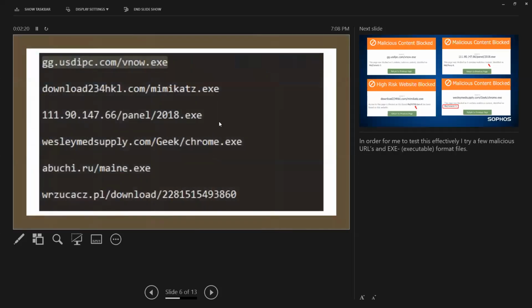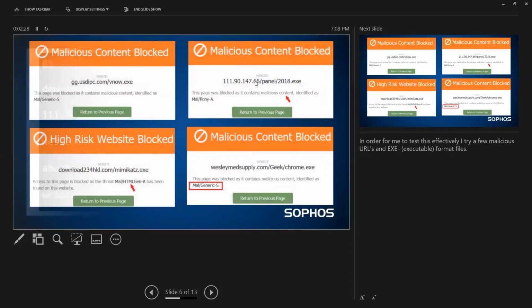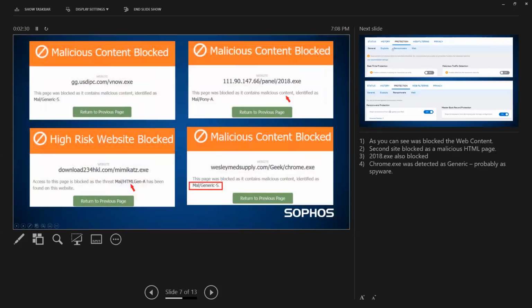So I did find some malicious websites, and I ran them against Sophos, and as you see, it successfully blocked all of them. Different types of content, different types of blockage, like you see HTML, Gen, and then you see Pony here, and other malicious content.